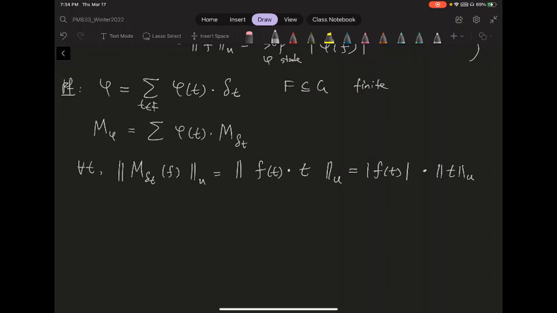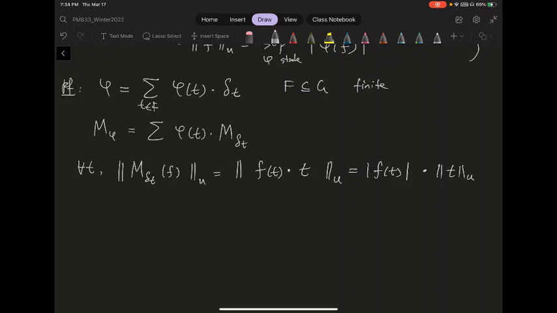Well, if you think about what happens to the single entry, the norm of the single entry is going to be the supremum over all the star representations of the single entry. If you take a unitary representation, it's basically taking a unitary at this t, taking its operator norm, and then taking the supremum among all these unitary representations.